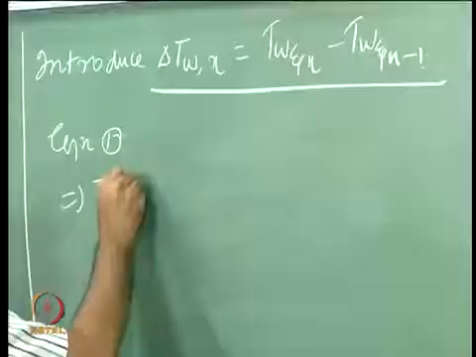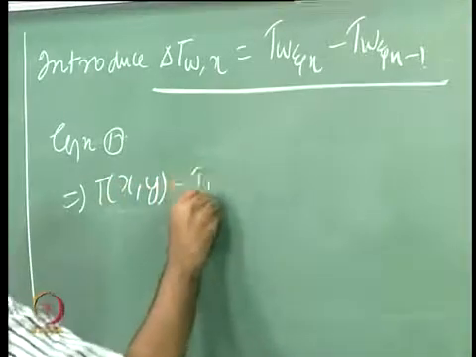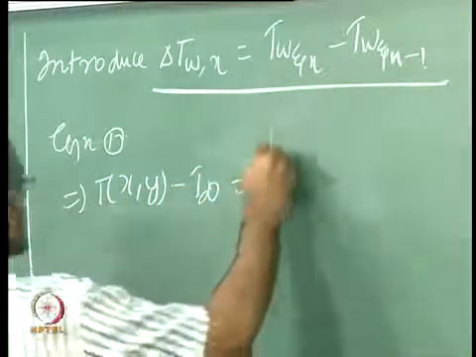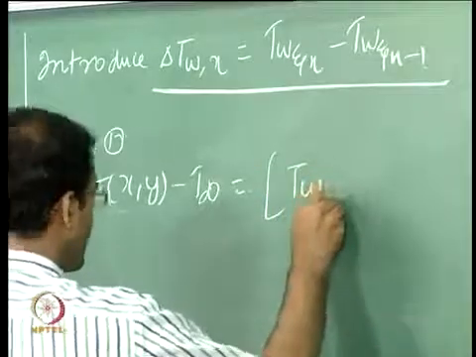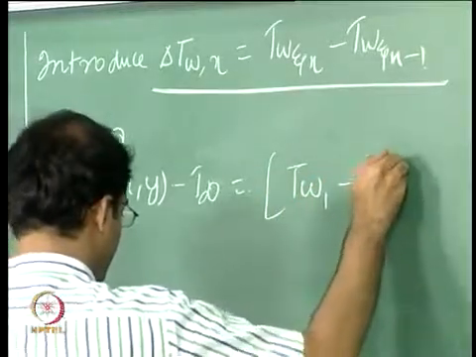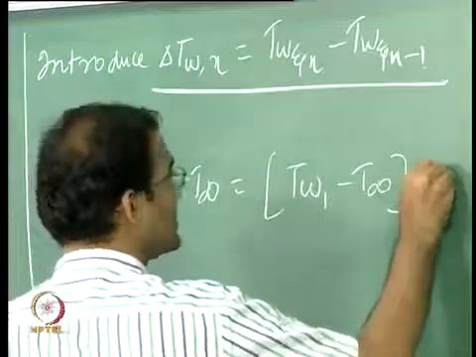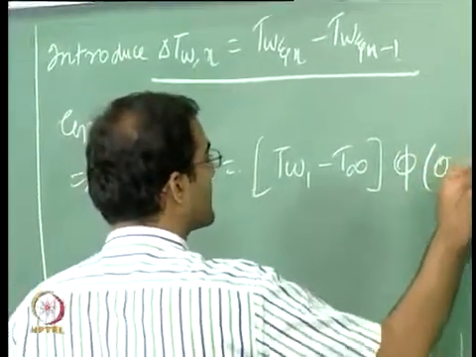T x comma y minus t infinity is equal to t wall 1 minus t infinity into phi 0 comma x comma y.